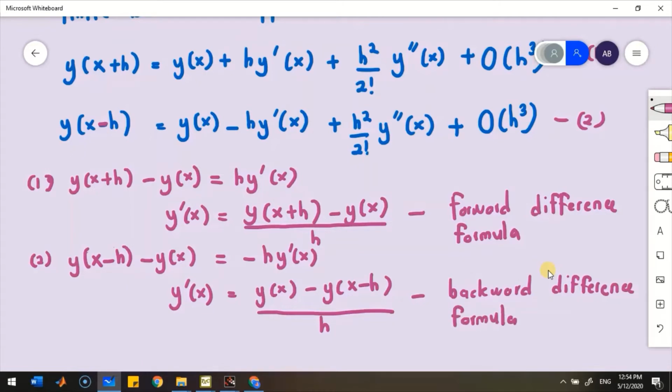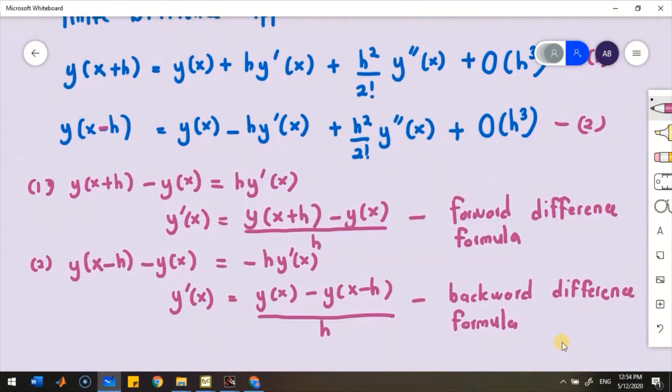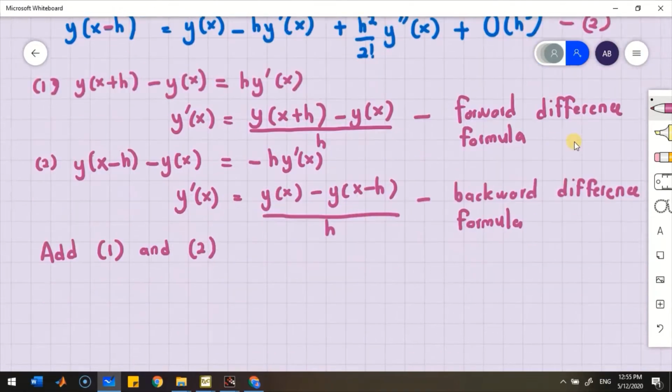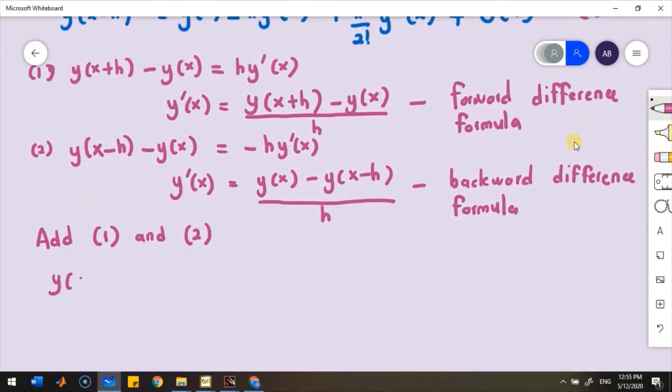So now we have two difference formulas if you just consider the first derivative. Now, if I'm considering the second derivative, you can get two formulas out of it. First, if I add equation 1 and equation 2, we have y(x+h) + y(x-h) = 2y(x).